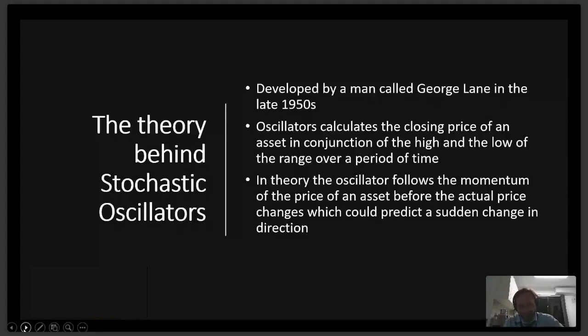What does that mean, James? Well, basically, it's calculating how fast the price of an asset is moving to determine if it is entering the regions of being overbought or oversold.